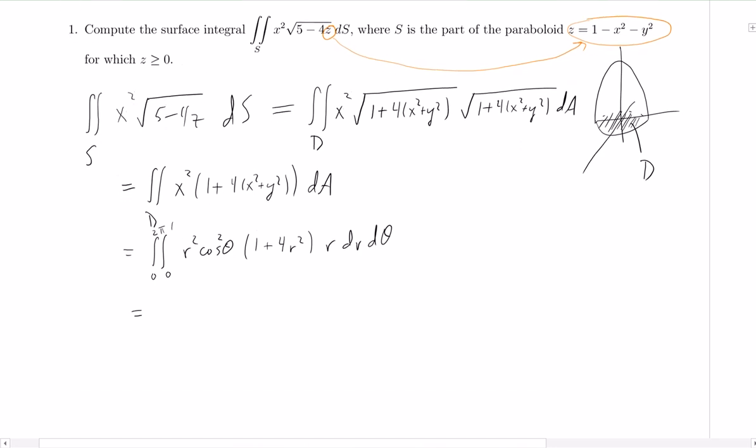So if we simplify, multiply things together, we get r cubed plus 4r to the 5th times cosine squared theta. So just pulling out the cosine squared and multiplying the r's through the parentheses.